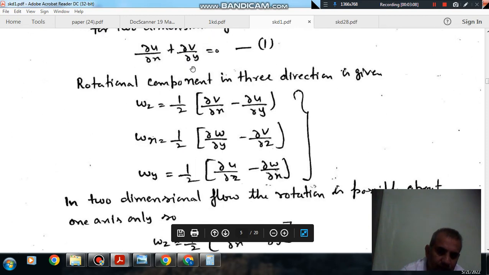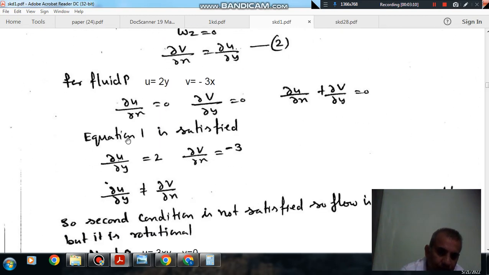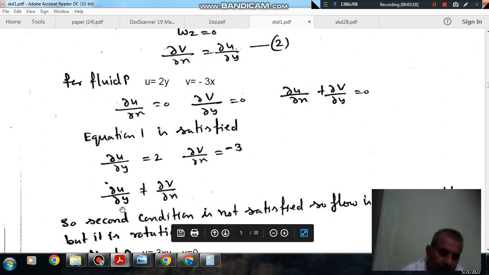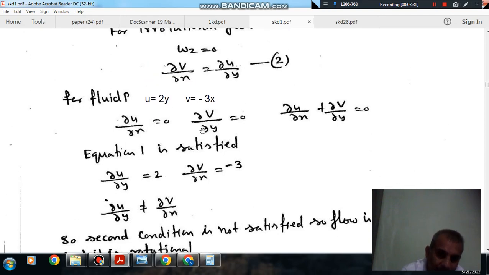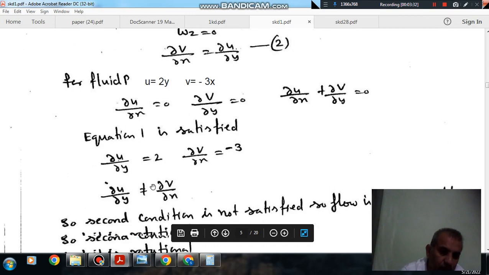If we find out ∂u/∂y, it comes out 2, and ∂v/∂x comes out minus 3. So ∂u/∂y is not equal to ∂v/∂x, so this condition is not satisfied. Okay, so this is incompressible flow, but it is not irrotational flow.